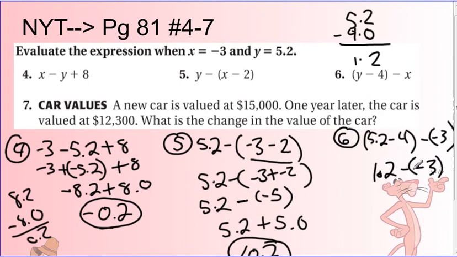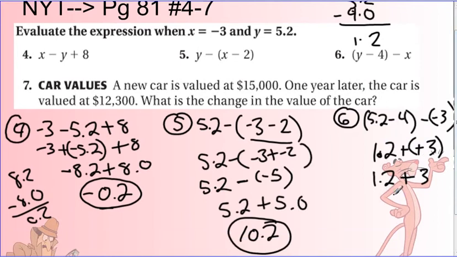Okay? Minus a negative is the same thing as plus a positive. 1.2 plus 3. Keep, flip, change. Add those two things together. 3 plus 1.2 is 4.2. And that's number 6.